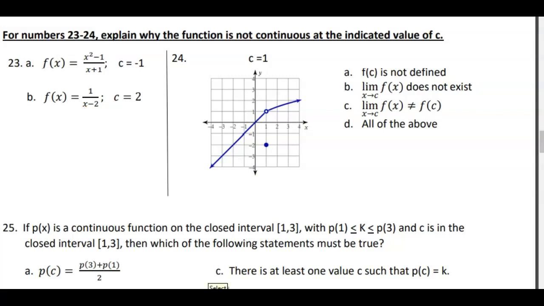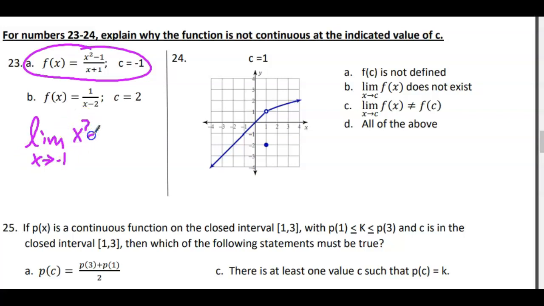Actually, let me back up here to part A a little bit. For part A, I don't want to leave it there. Even though the answer is good, I know what's on your guys' test, and so I want to prepare you a little bit more for this question, because here's another question I can ask. I could ask you, what kind of discontinuity is it? Is it removable or not removable? Now, if it's removable, that means that the limit at negative 1 does exist.